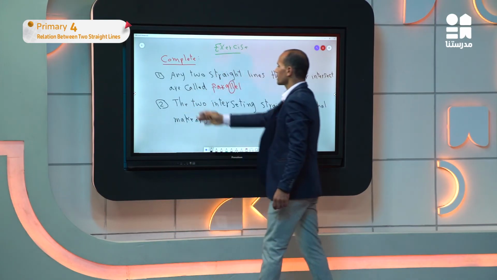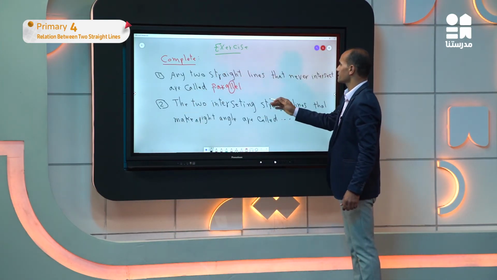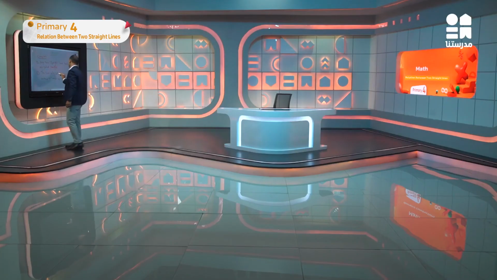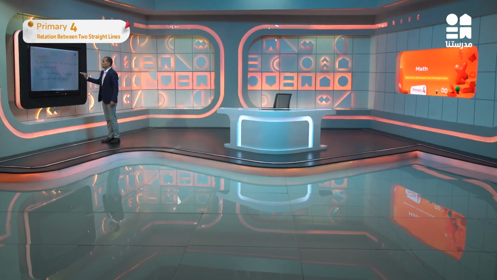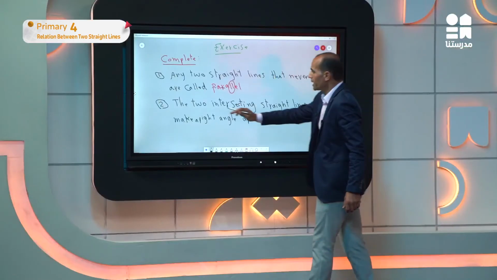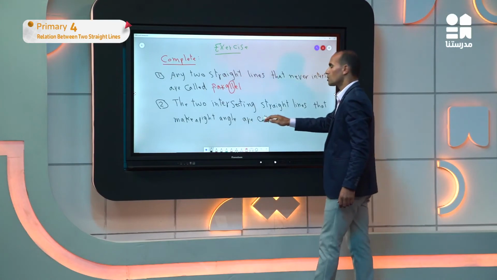We have here in the second question the two intersecting straight lines that make a right angle are called what?